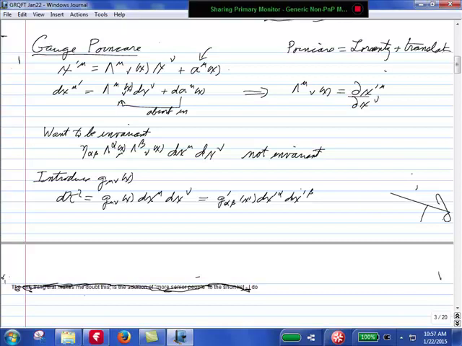I'm going to write it up here. Box is 1 over square root of minus g, d_mu square root of minus g g^mu nu d_nu, acting on a scalar.